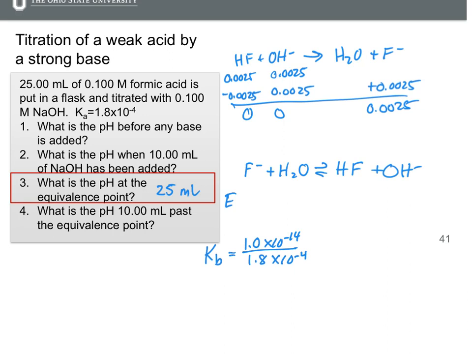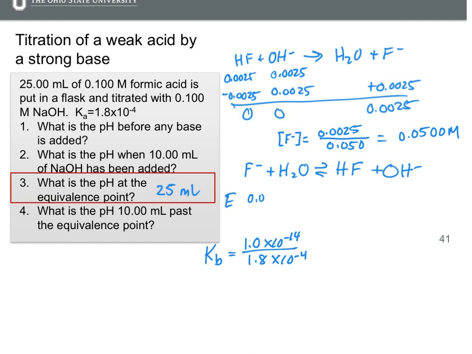Okay, so first, let's go back. Let's find the concentration of F minus. What's our total volume? Yep, 50 mL, 0.05. Okay, so we'll use that in our ICE table.